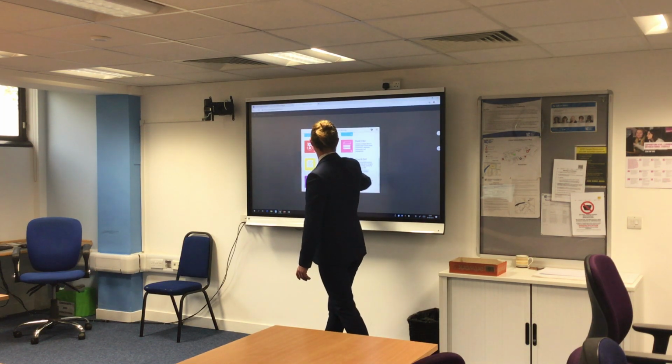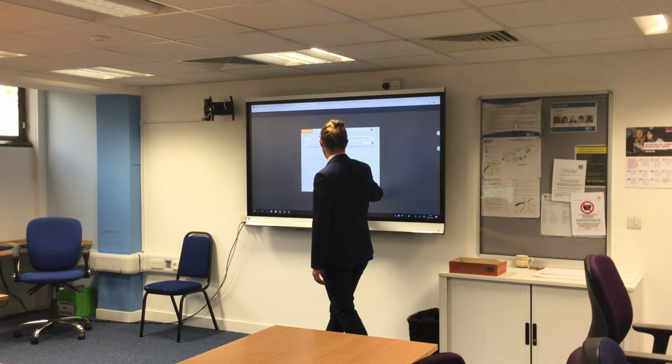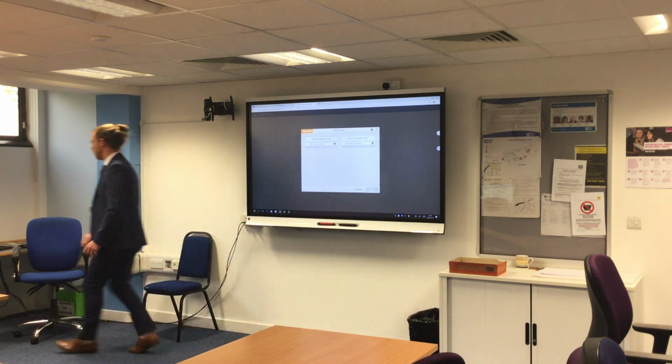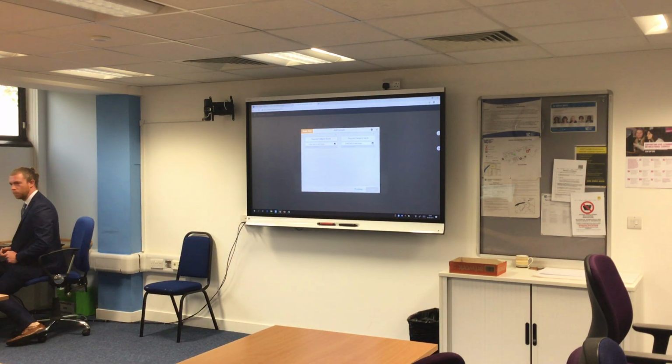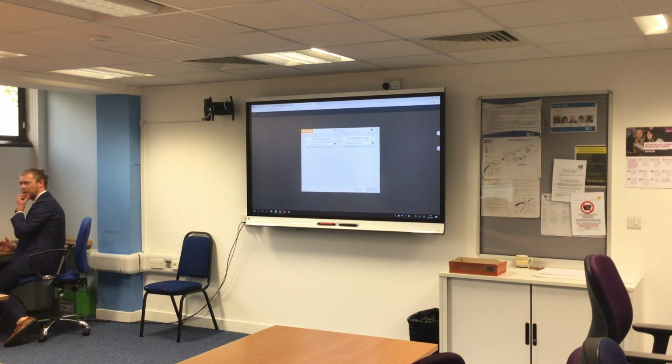What I will show you is this one here, super sort. If I'm sorting categories, think categories of food, because it's nearly lunchtime. Fruit and veg, and meat.